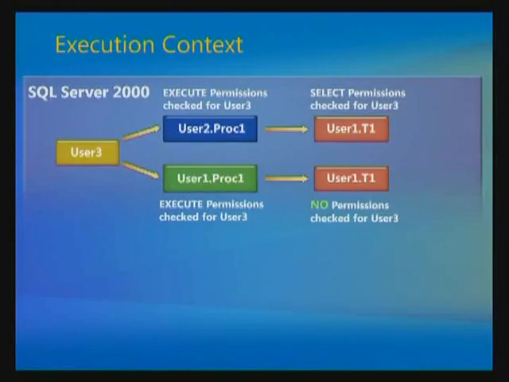So myself, as the person who set up the stored procedure and the tables, I want the tables to be essentially inaccessible to the user except through the stored procedure. So this bypasses the security check. The thought is that since I wrote the stored procedure, it's my stored procedure, it's my table, I should be allowed to do what I want with the table. This is how you encapsulate access to those lower level objects away from that end user.